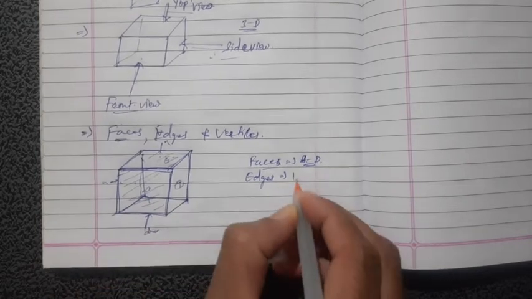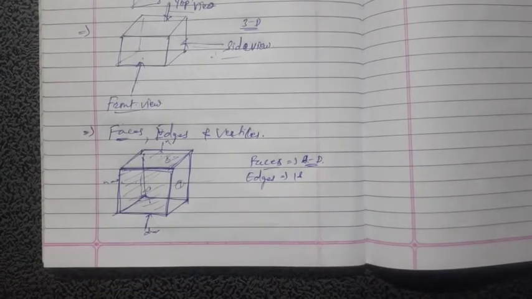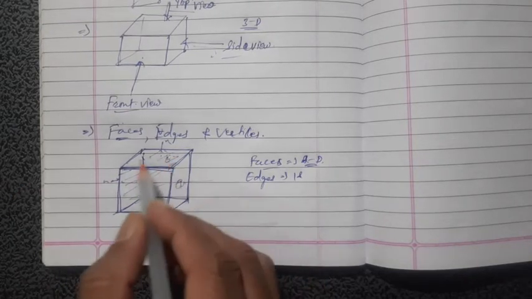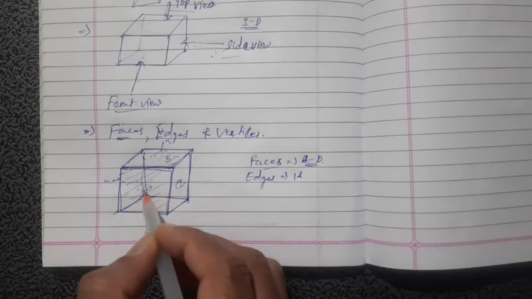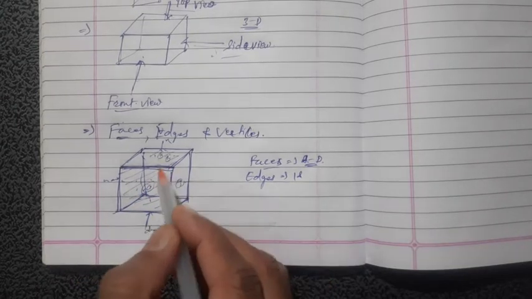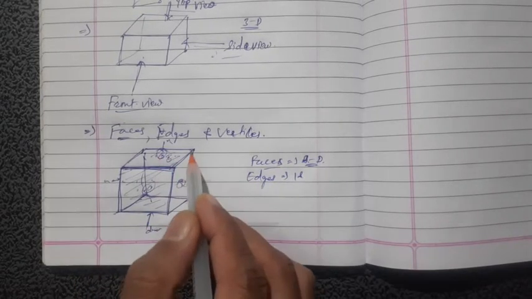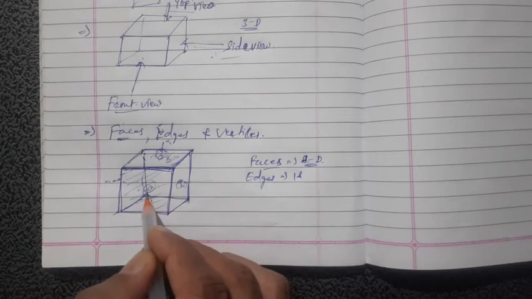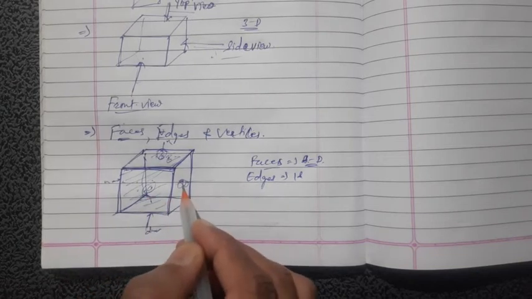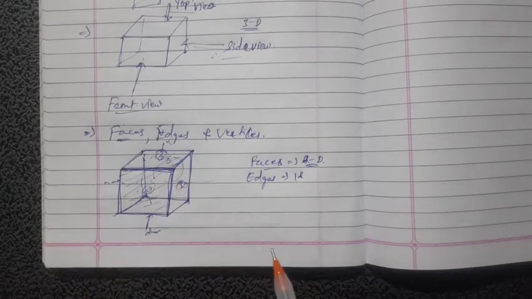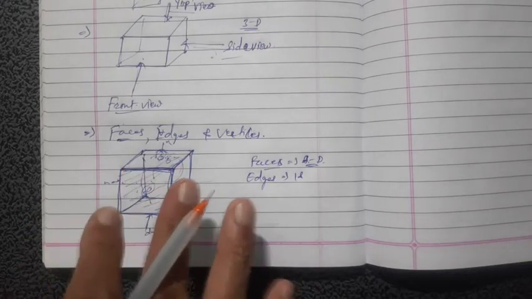So 12 edges are there. Edges are where two faces meet. Front and top view meet here, top view and right view meet here, front and right view meet here. They are line segments where two faces meet.